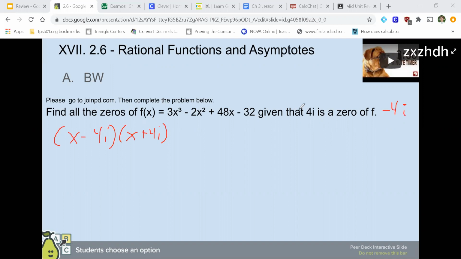If I then multiply these factors out, x times x is x squared. x times 4i is 4ix. Negative 4i times x is negative 4ix. Negative 4i times 4i is negative 16i squared.